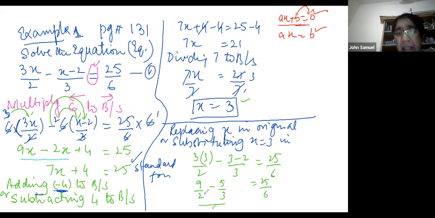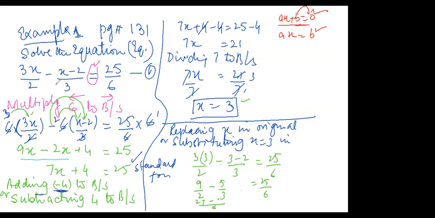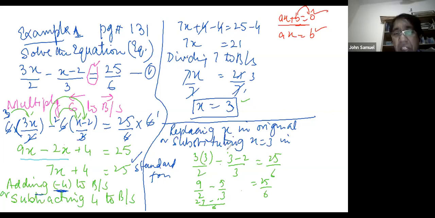LCM is 6: 9 times 3 is 27, minus 5 times 2 is 10. Actually, we need to change the sign here. I have just skipped one step, so we can write it like this.